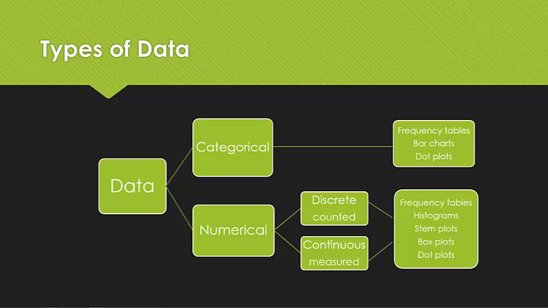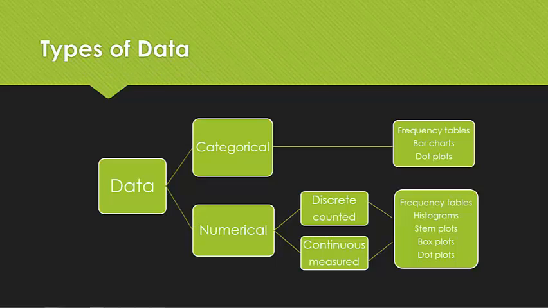Numerical data is when we ask someone a question and they give us a numerical response or a number value. There are two main types of numerical data. One is discrete data. For instance, if I was to ask the Year 7 students to tell me how many siblings they have in their family, they would be counting the number of siblings, therefore that would be discrete numerical data.